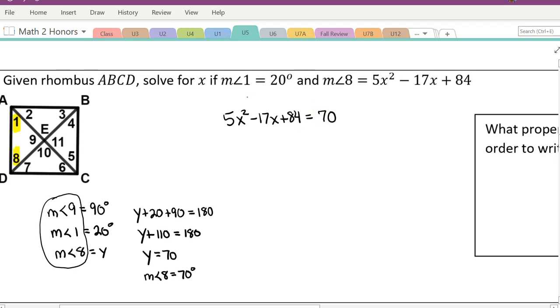Because both of these are the measure of angle 8. So we just found two different representations for the same value. One was the equation given to us, and then the other one we solved for that third angle in the triangle, and now we're setting them equal to each other. So that's the relationship we need to even get started here.